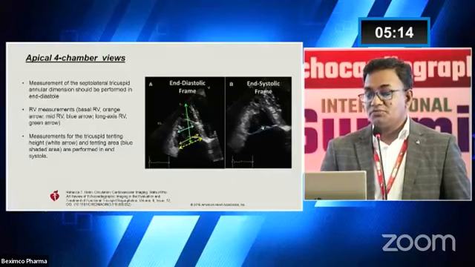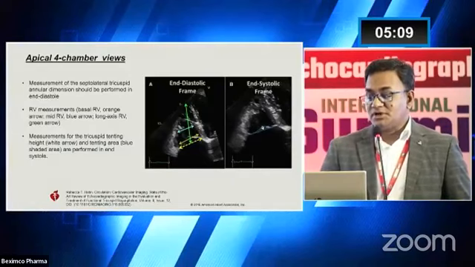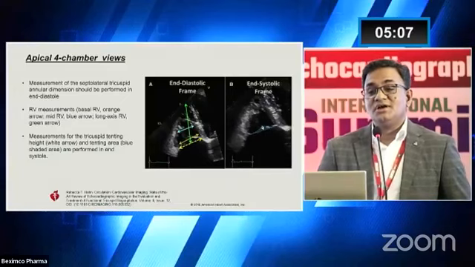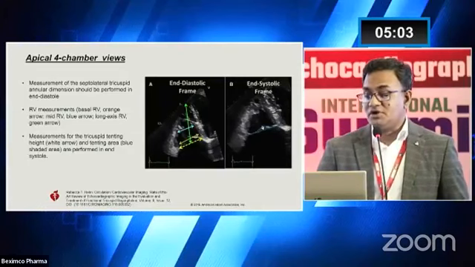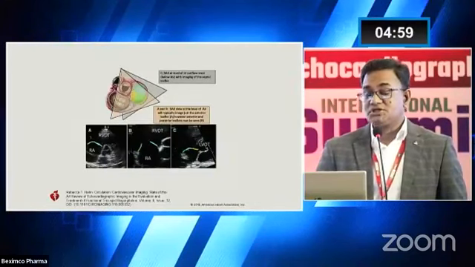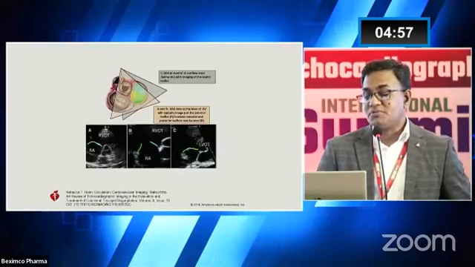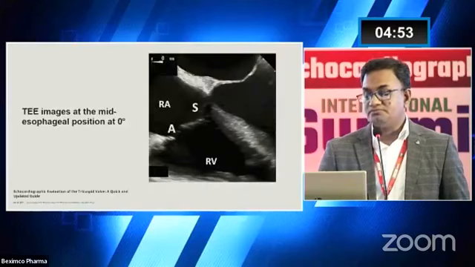In the apical four-chamber view, we can measure the annular diameter of the tricuspid valve, as well as the right ventricular diameters to assess right ventricular function. In the parasternal short axis view at the aortic level, we can also appreciate the anterior and septal leaflets of the tricuspid valve.